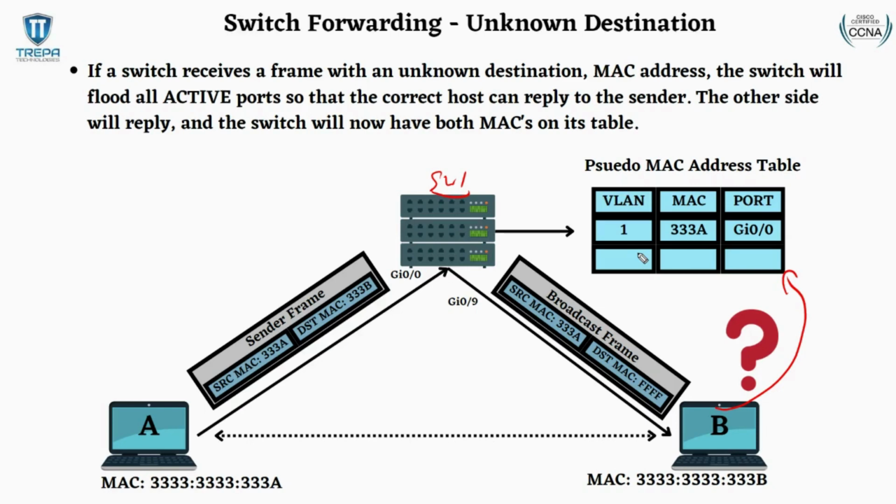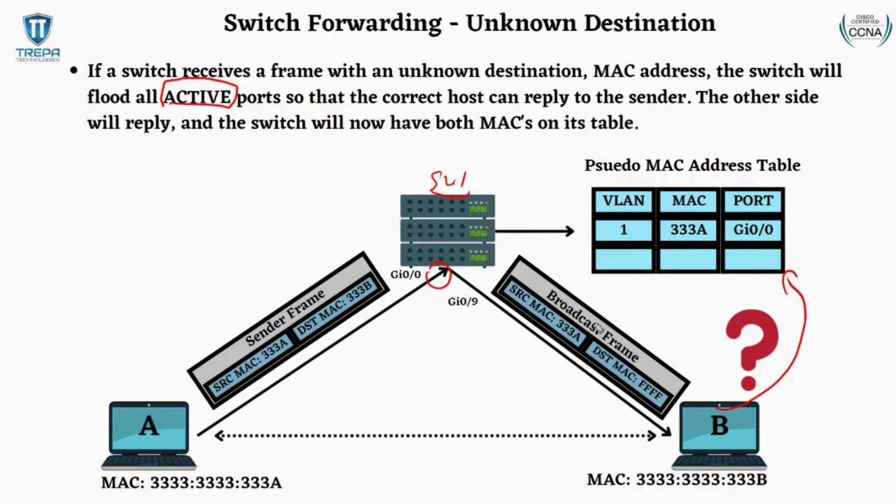So now let's go into what we call the broadcast MAC address and flooding the frame. So what that switch is going to do, it's going to flood a broadcast frame out all active ports. Key thing to know, all active ports except the one it came in on, so it can find the destination.